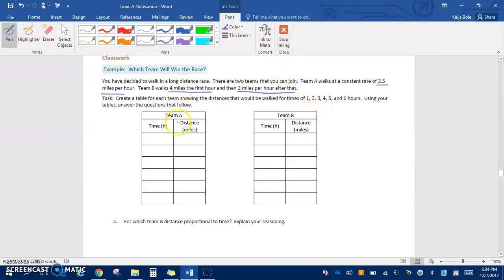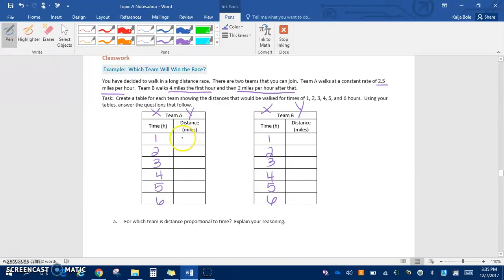So we're going to use the table. So first I'm going to go ahead and label time as X and distance as Y for both of them, because that'll come in handy later. And then for time, I'm going to fill in 1, 2, 3, 4, 5, 6 for both. Alright, so it says Team A walks at a constant rate of 2.5 miles per hour.